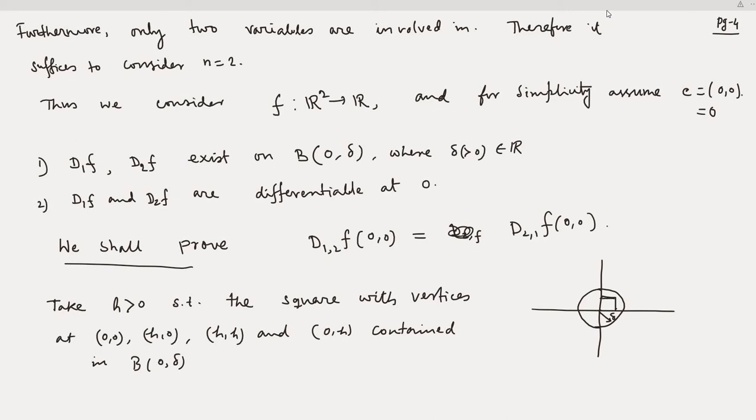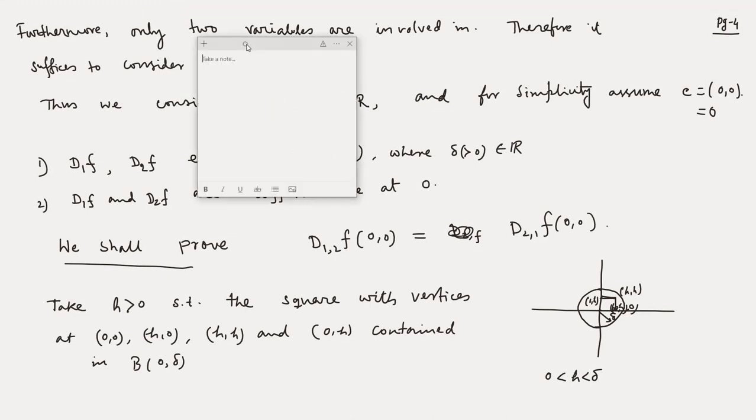So suppose this is h, this is h, and this is (h, h), so this is (0, h) and (h, 0). Such h should satisfy h less than delta, and greater than 0.